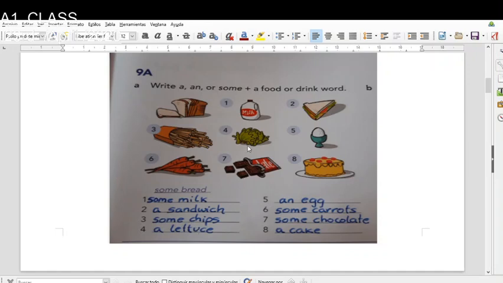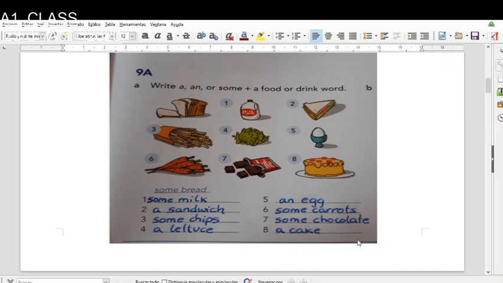Number 4, singular, a lettuce. Number 5, singular, but it begins with a vowel, then an egg. Look at the vowel. Look at here, an egg. Number 6, plural, some carrots. Number 7, uncountable, some chocolate. And number 8, singular, a cake.